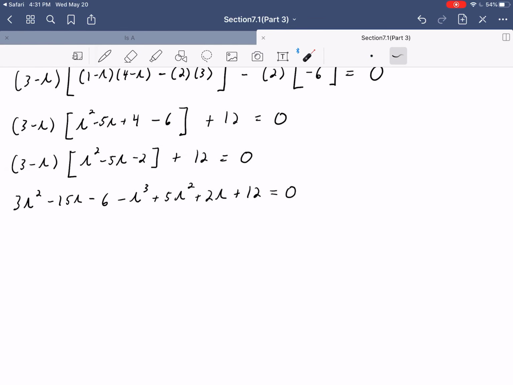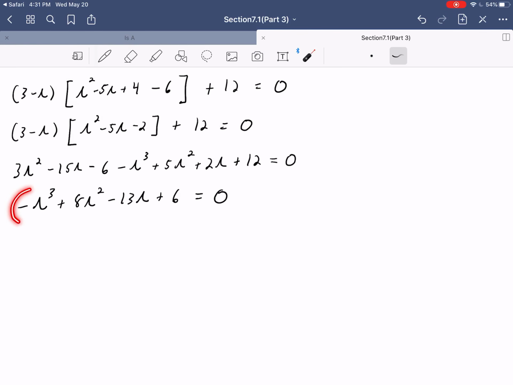All right. Our leading term is actually a negative lambda cubed, so let's get that in the front. Negative lambda cubed, then it looks like we get plus 8 lambda squared. Then we've got minus 13 lambda, and then a plus 6, and that should equal 0.